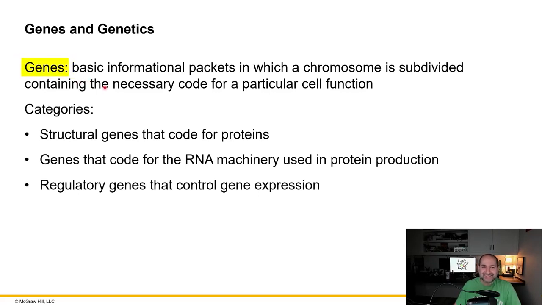Genes are basic informational packets in which a chromosome is subdivided, containing the necessary code for a particular cell function. In general, a gene is a segment of a chromosome that typically codes for a protein.